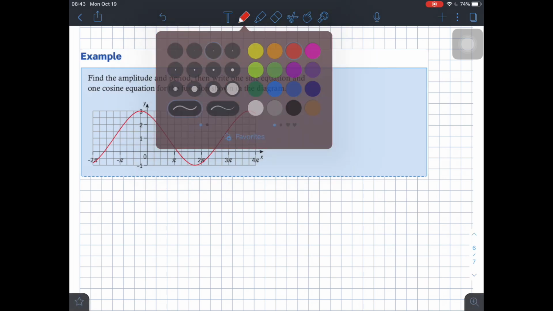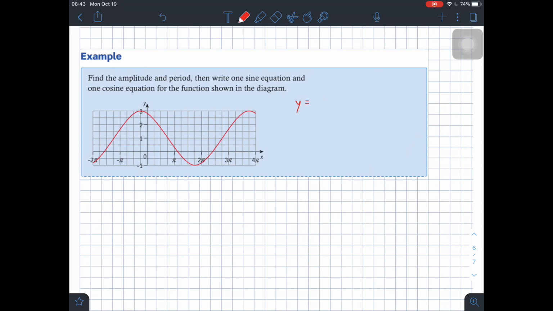Okay, so we want to find a sine function, so we would have to consider the general form, y equals a times sine of b times (x minus c) plus d, and y equals a times cosine of b times (x minus c) plus d. These are the two general forms of the trigonometric functions we are studying.